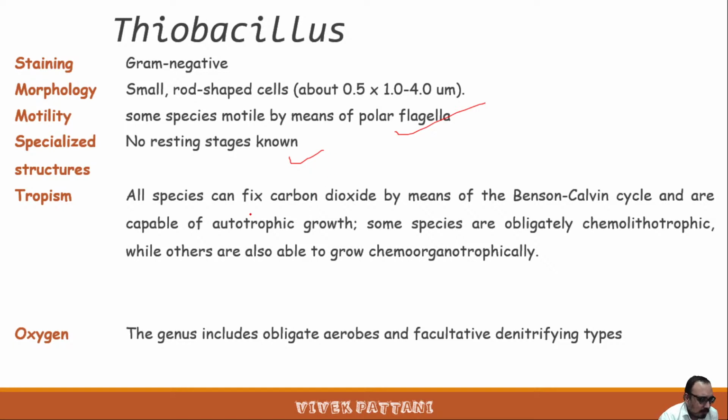All the species of this genus can fix carbon dioxide by means of the Calvin-Benson cycle and are capable of autotrophic growth. Some species are obligately chemolithotrophic, while others are able to grow chemoorganotrophically as well. The genus includes obligate aerobes and facultative denitrifying types also.